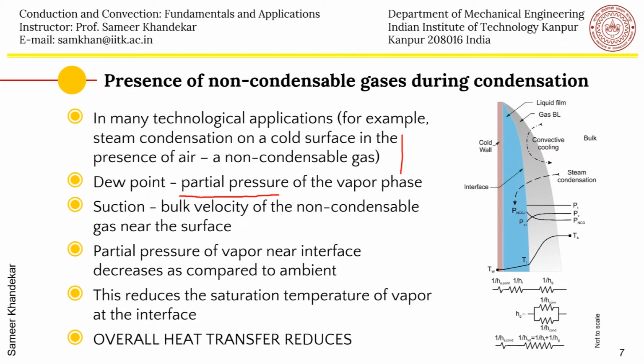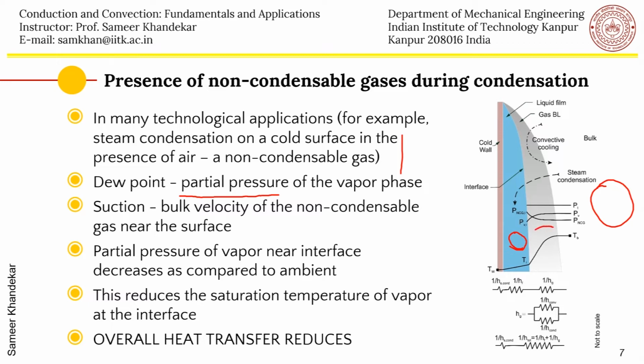Because you have a mixture, you are dealing with actually three boundary layers. One is the vapor and air mixture here, and then close to the wall you will have a liquid film which is falling down, and there will be a region which will be depleted.